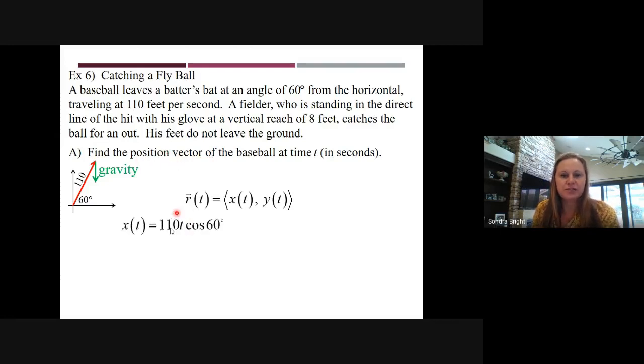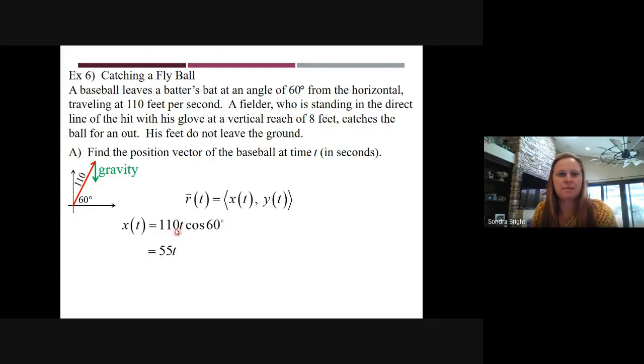All right, so position vector. We're going to write it as a vector. First, find the x component. That's just magnitude, 110, times t, because it depends on your time, right? And then cosine of 60 degrees, which is 1/2, so you end up with 55t.